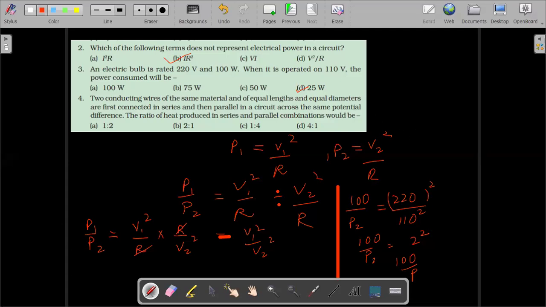Okay, so try the last one. If you can do this last one, we'll solve the last one. Sir, I think 1:2.